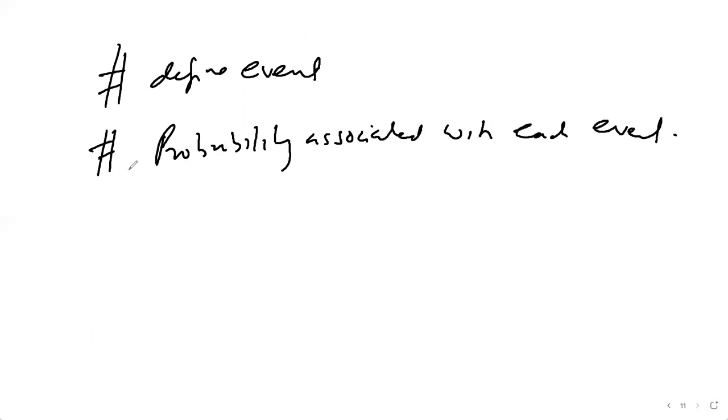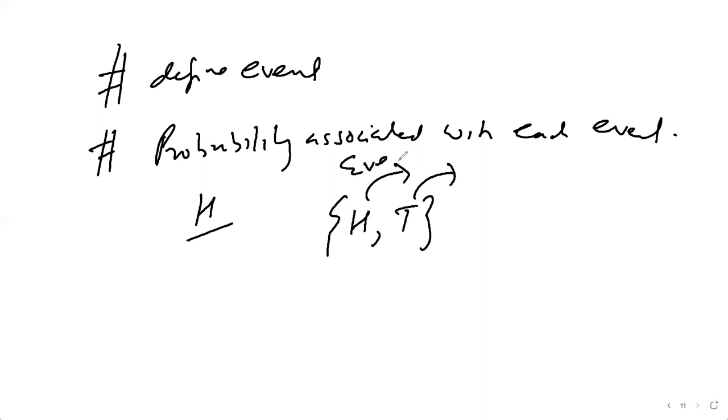Now for the event, for example, I ask what will be the probability for an event which is a head. You see, a head can appear in just one way, right? Because there are only 2 events that can happen. They're either head or tail. This is an event and this is an event, right?